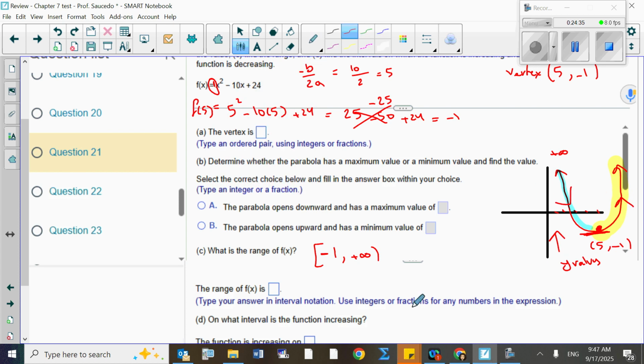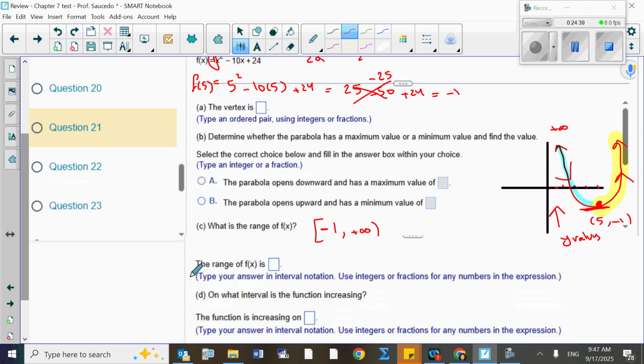So in order to write the increasing interval, you just need to write x start and x end of your function. So where is x start? It's at 5. X end will be infinity because the function is going to continue forever. So from 5 to infinity, the function is increasing.